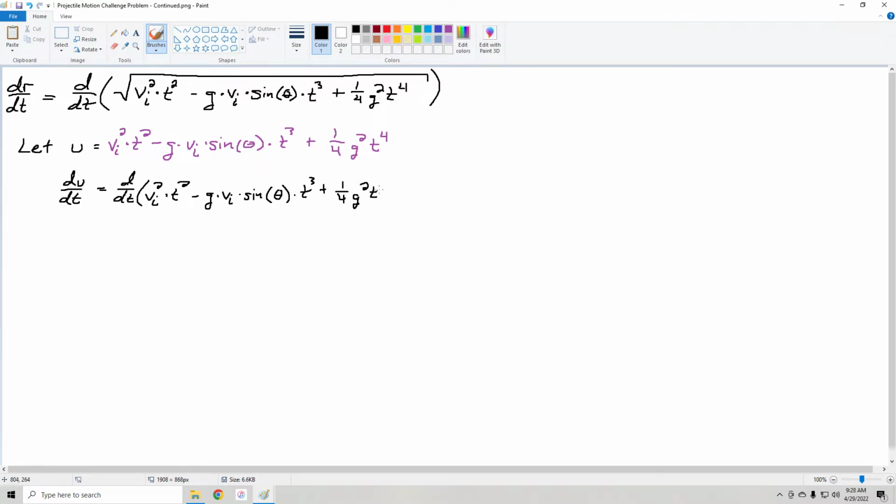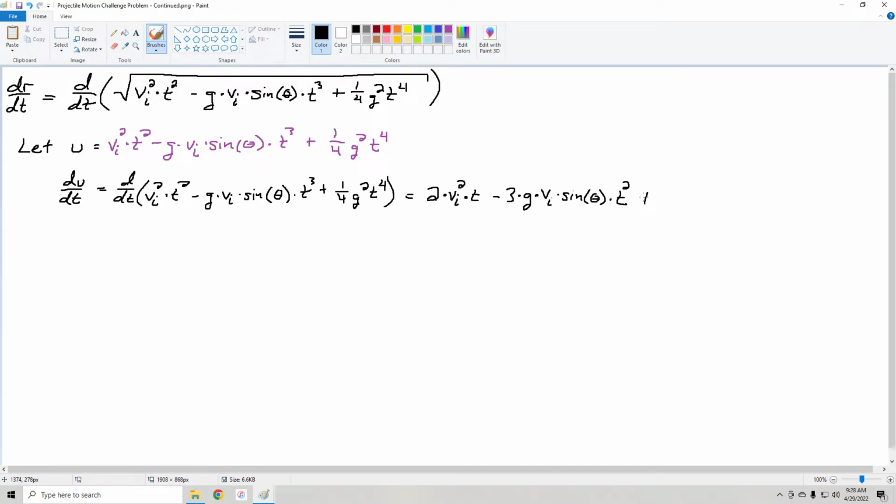What does that turn out to be? It's actually a pretty simple derivative and application of the power rule. I get 2 times the initial velocity squared times time, minus 3 times g times the initial velocity times sine of theta multiplied by t squared.